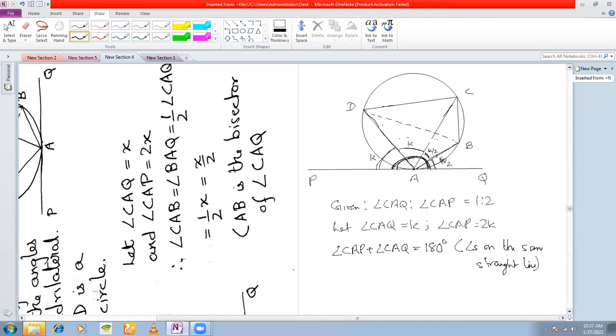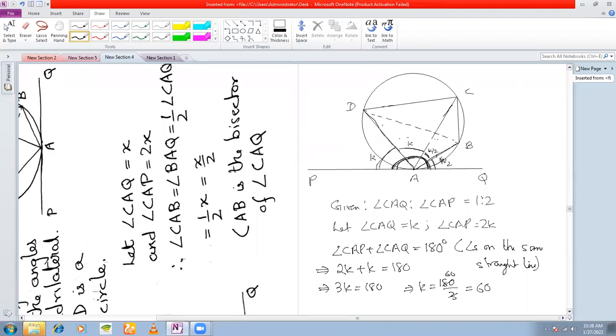And what is angle CAP? 2K. CAQ is K. That means 3K is equal to 180. That means K is equal to 180 by 3, which is equal to 60, right?